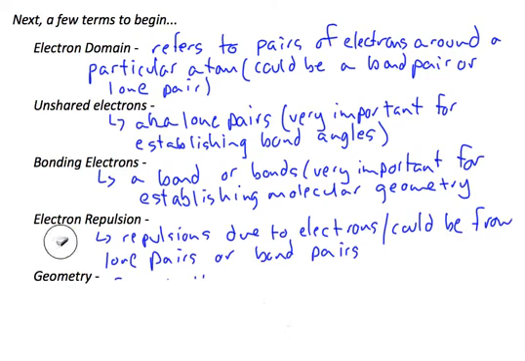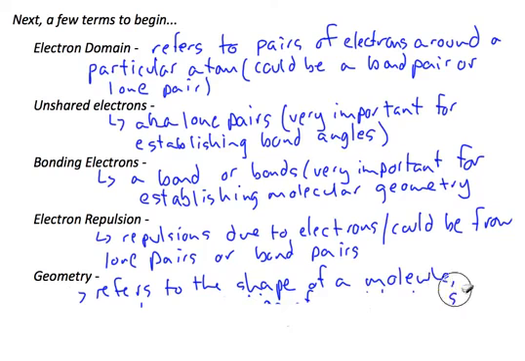Electron repulsions, again, I think everybody remembers the law of electrostatics. Electrons repel one another, but again, the repulsions we're interested in for VSEPR are those between lone pairs or bond pairs around an atomic center, so around the central atom or atom of interest.